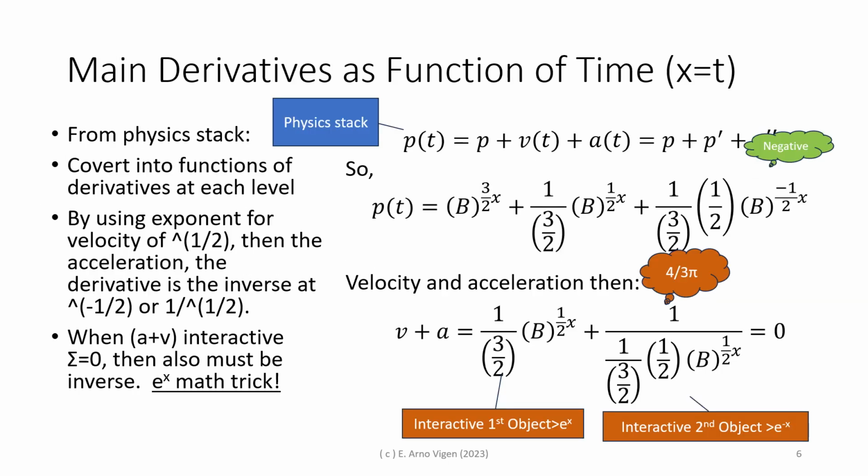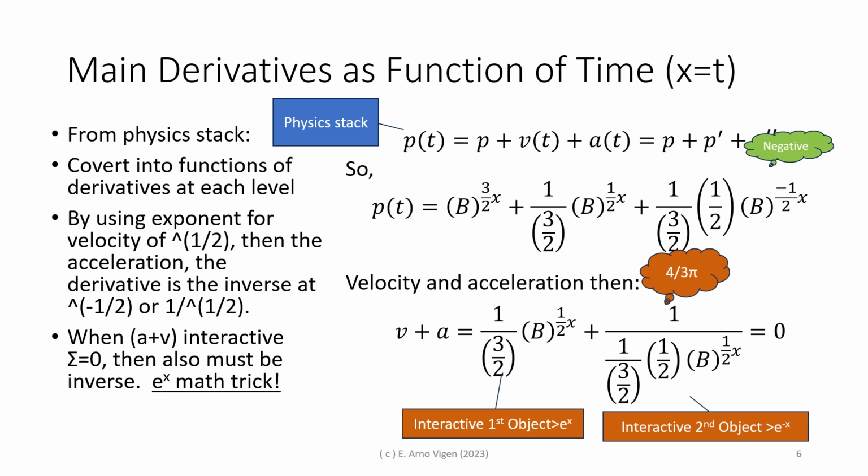So how does this work? Okay, now if I'm going to take the position over time, we're basically going to take the position with some velocity function over time and some acceleration over time. And that really is the derivative of position and the second derivative.